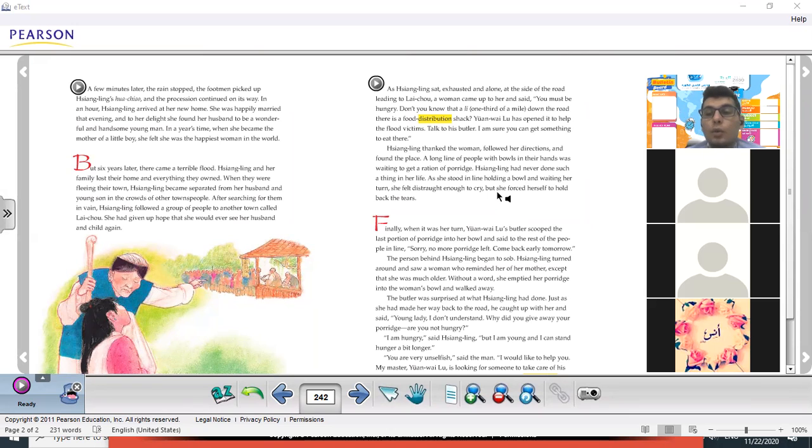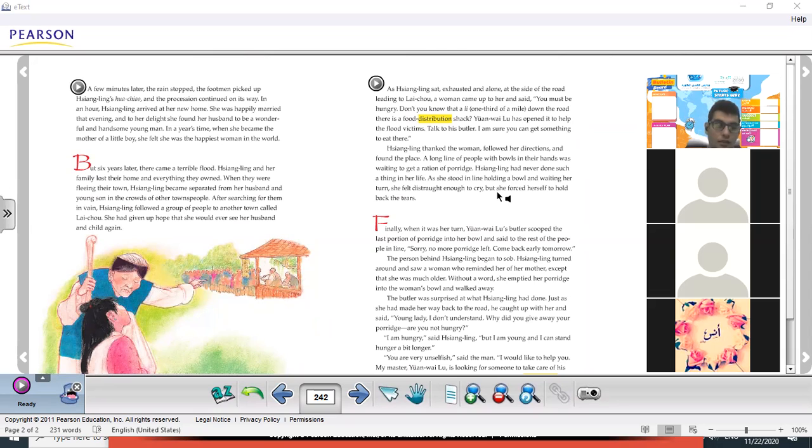So this flood was terrible. It destroyed everything for Sangling. And there's also another problem. Do you know what it is, Abdullah Samir? There's another problem also, not just the flood. Yes, I know it.